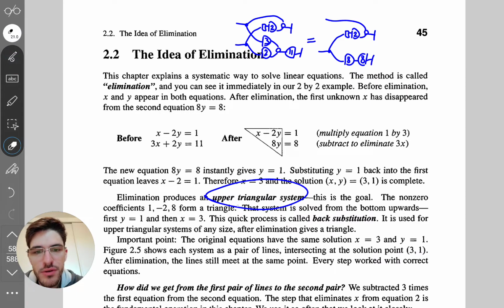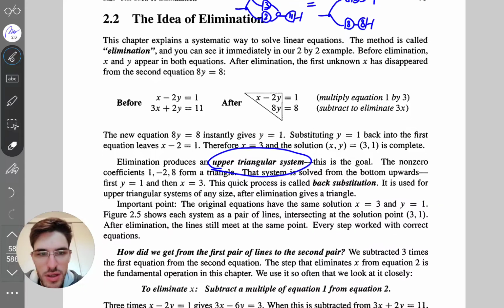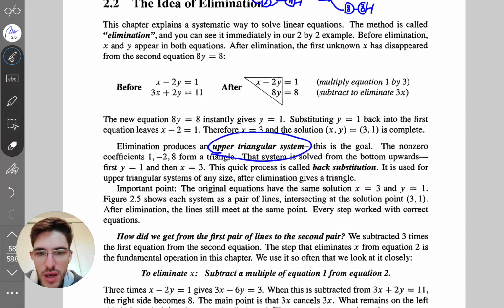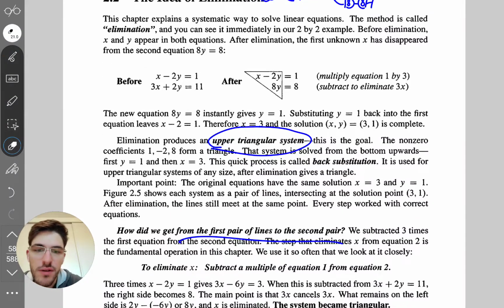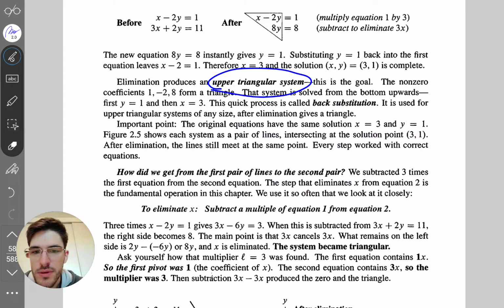Okay, I need to figure out what upper triangular looks like in GLA. Shouldn't be too hard. And then back substitution. How did you get from the first pair of lines to the second pair? We subtracted 3 times the first equation from the second equation.